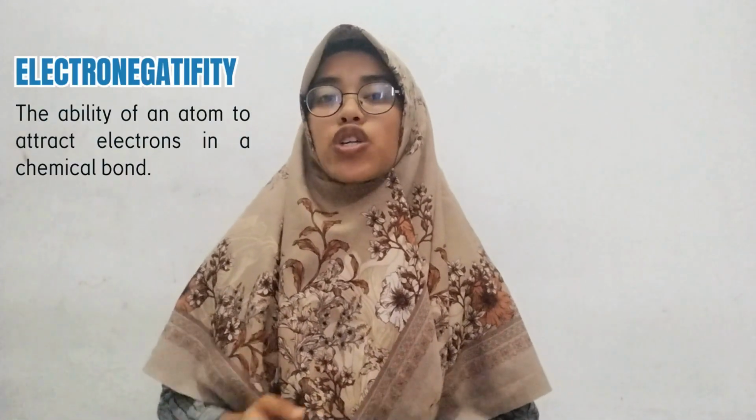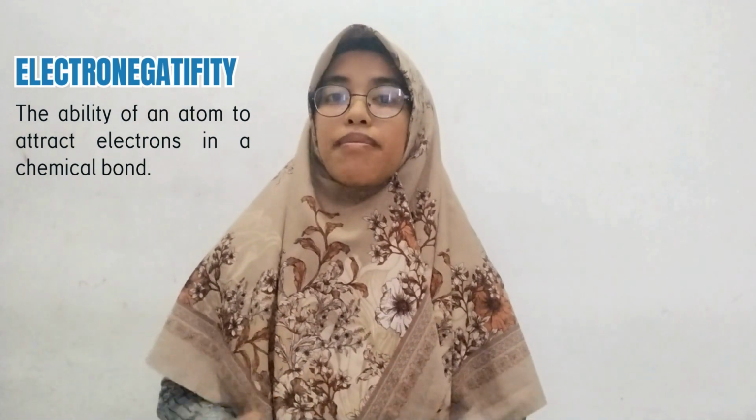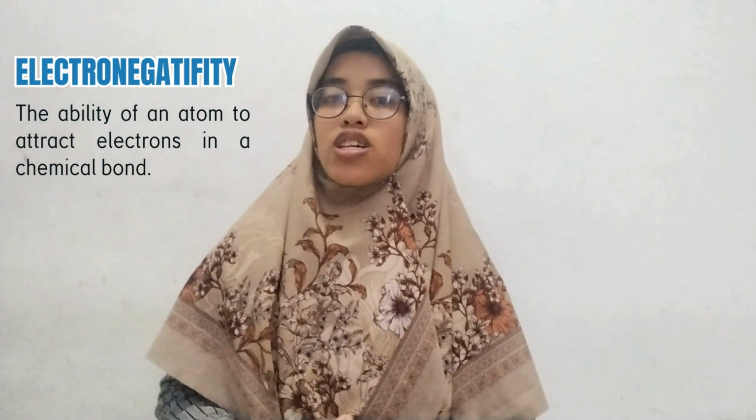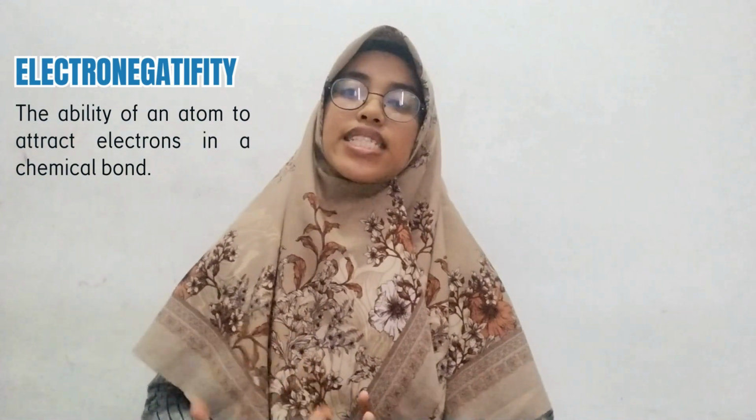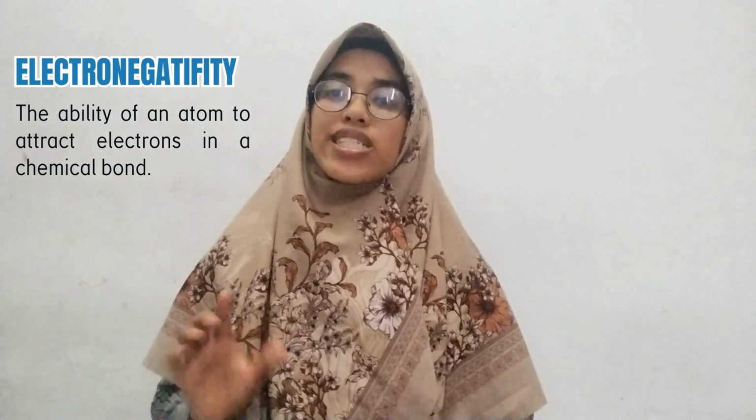And next, we go to the next property of the periodic system of elements, that is electronegativity. Electronegativity is the ability of an atom to attract electrons in a chemical bond.